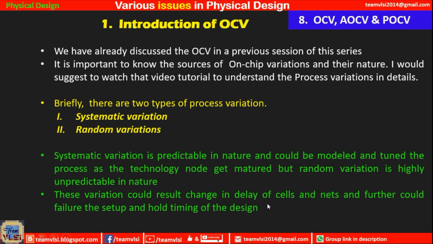Ultimately, these variations are related to your fabrication methods, the techniques used and the equipment used in fabrication. Different types of variation could occur there, and they can vary the delay of cells or nets, which will affect the timing of your design.